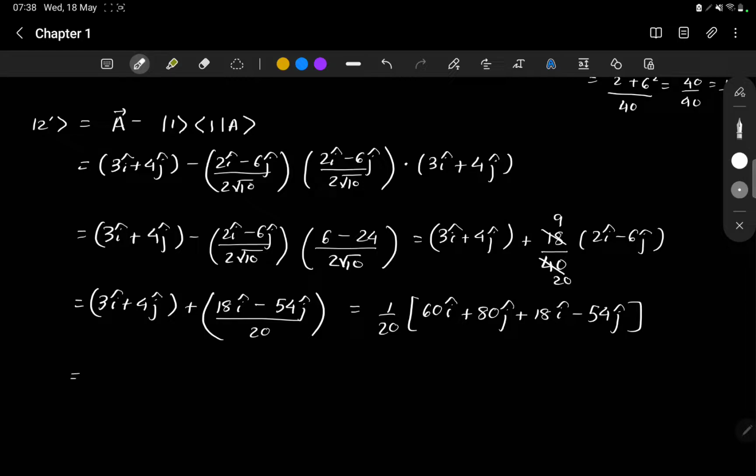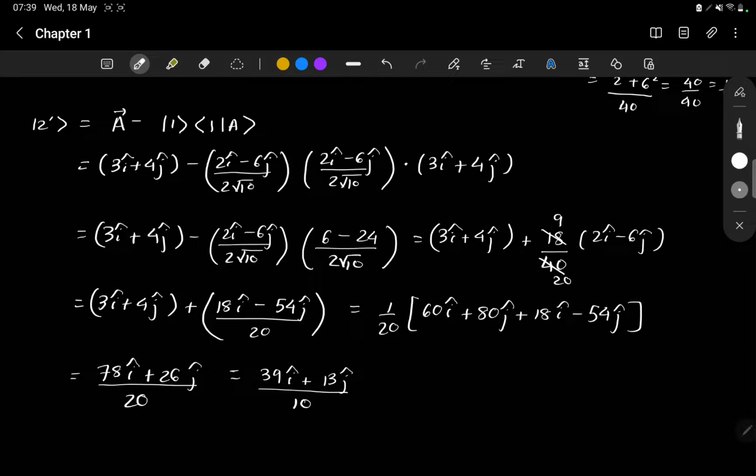This gives us 60 plus 18 is 78. 80 minus 54 is 26. We can simplify this a little bit further. So this is what we get.